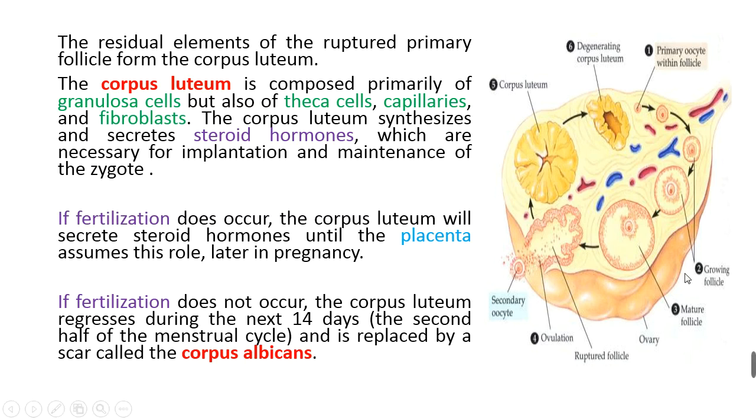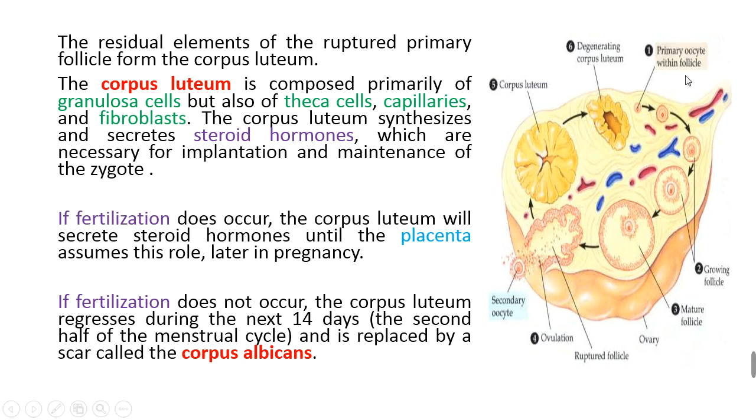If you see this figure, this is the growing follicles and this is the mature Graafian follicle, and one of these Graafian follicles will be dominant and reach the surface of the ovary. After that, rupture of the Graafian follicle will release the secondary oocyte, which will pass into the fallopian tube.